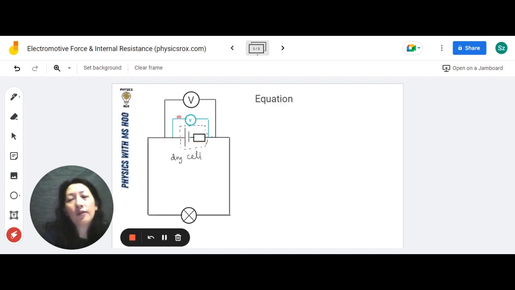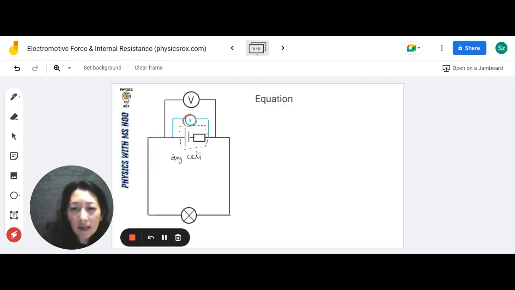So when we have a voltmeter placed here, this particular voltmeter does not measure the potential difference of the dry cell. It's actually measuring the potential difference of the entire circuit from here to here to here, right? So this voltmeter is for the outside of the dry cell, so the entire external part of the circuit.